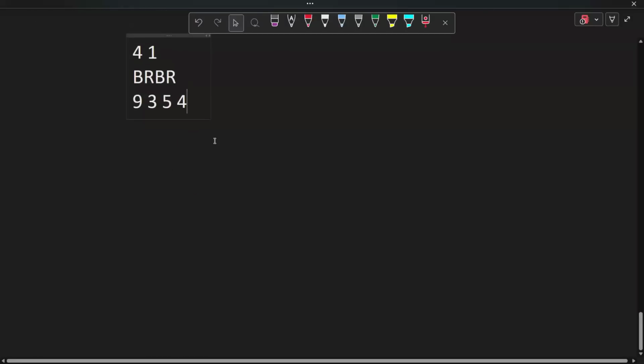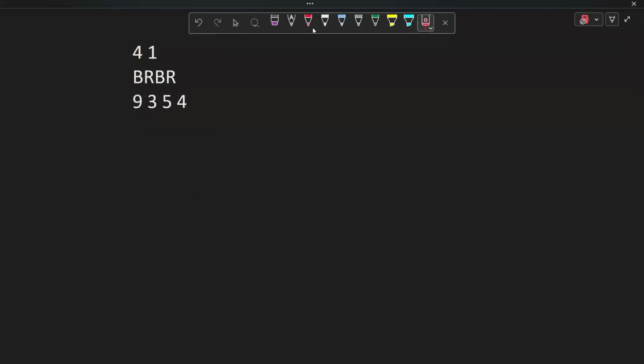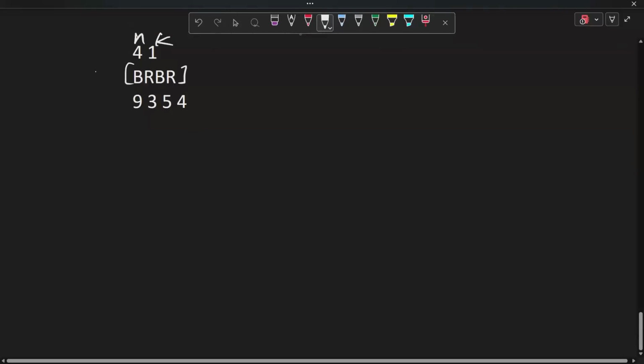So you are given n and k. You are given a string which denotes the desired color of your strip, and you are given an array A which denotes the penalty for every index.